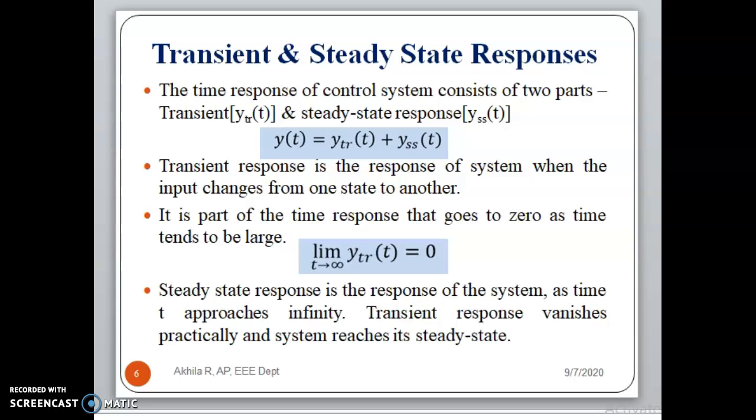So as t tends to infinity, y_tr is equal to 0. Steady state response is the response of the system as the time t approaches infinity, which means usually when you consider any system, the transient response vanishes, and only then the system is said to reach its steady state.